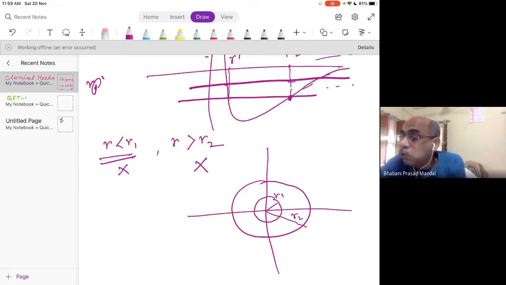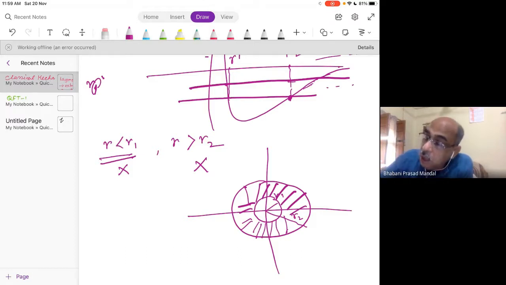Okay, the particle will have this motion in between R1 and R2. It cannot go beyond R1, it cannot cross, but that doesn't mean the orbit will be closed. The motion will be bounded, but the orbit may not be closed.